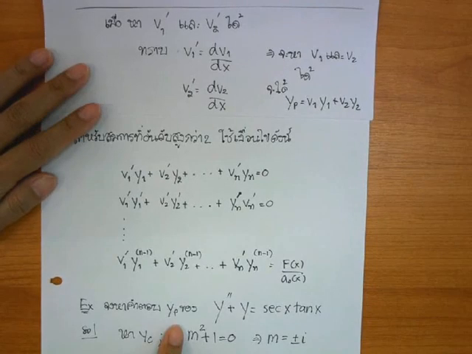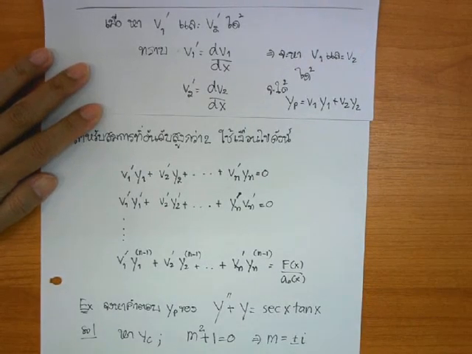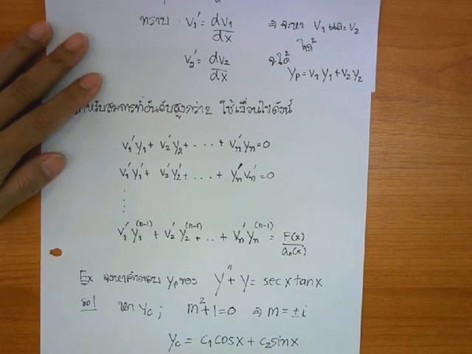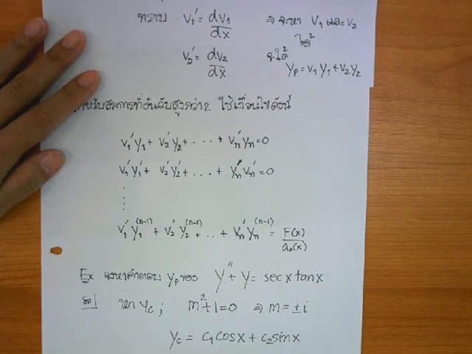So first, what we've got to do is find yc, starting with the characteristic equation, which is m squared plus 1 equal to 0. By this, you would get the roots m equal to plus or minus i. So our yc is equal to c1 cos x plus c2 sin x.